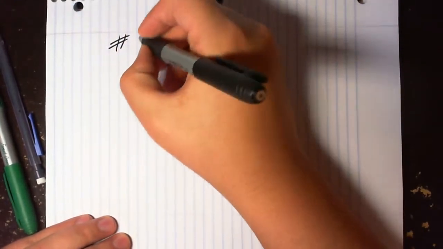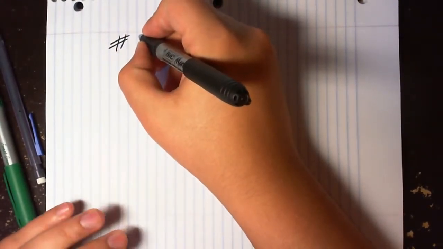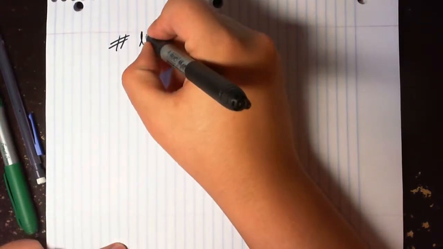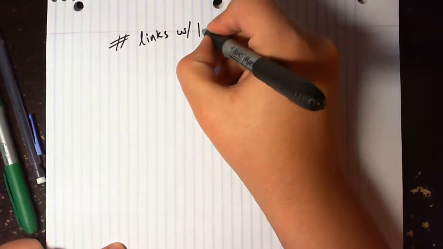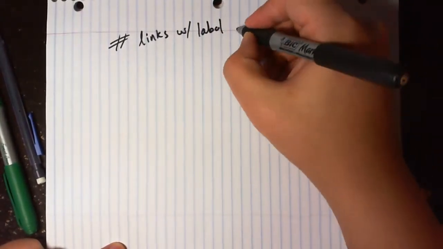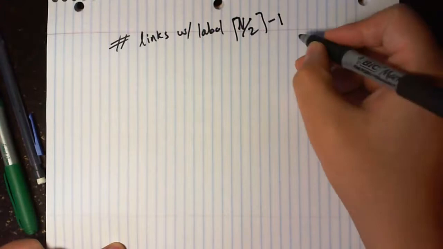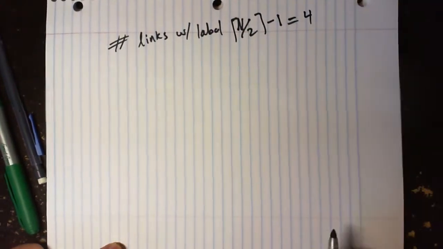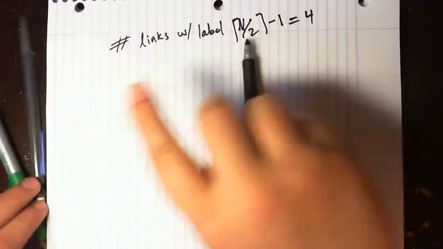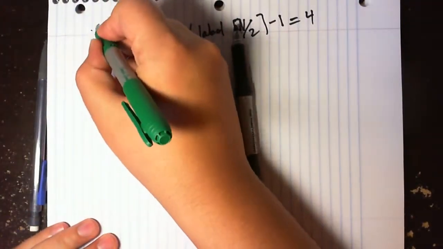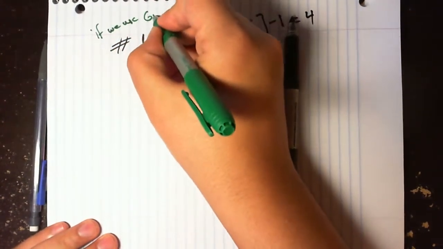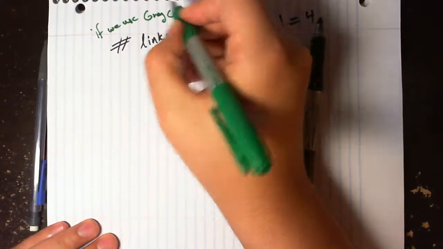And it's all based on this really sharp insight that the number of links with label n/2 minus 1 is exactly 4, if we use the gray code, the gray sequence.